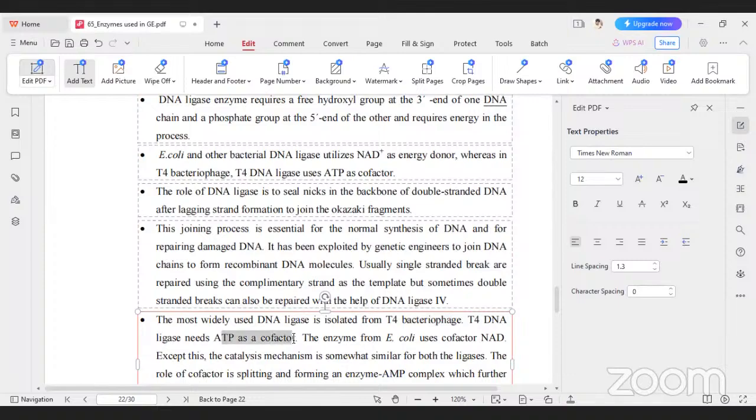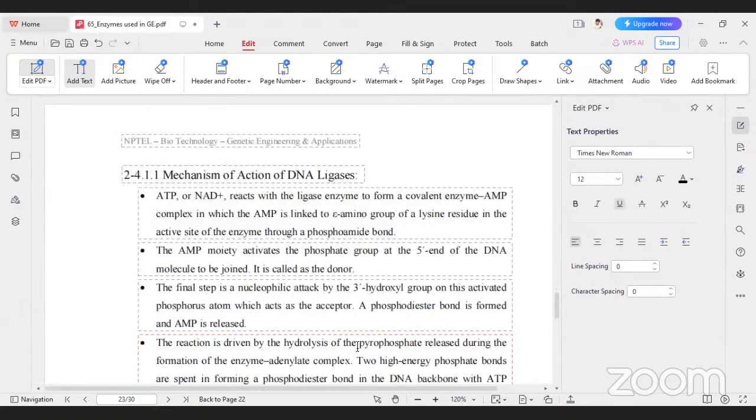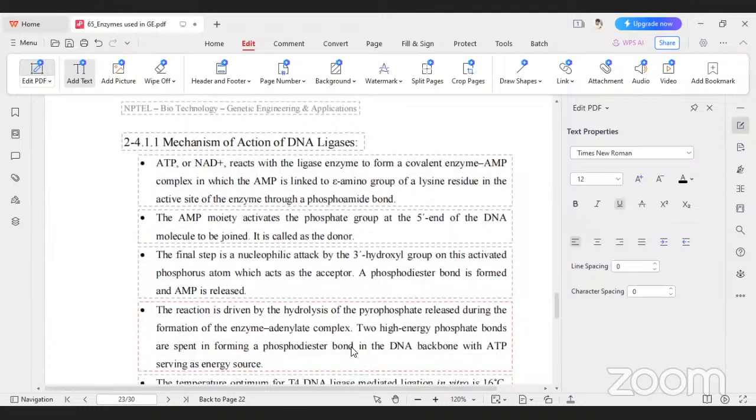Ligase needs ATP as a cofactor. Mechanism: ATP reacts with the ligase enzyme to form a covalent enzyme-AMP intermediate linked to an amino group residue. AMP activates the phosphate group at the 5' end of the DNA molecule to be joined to the 3' hydroxyl group. The final step is nucleophilic attack by the 3' hydroxyl, as I already told you.